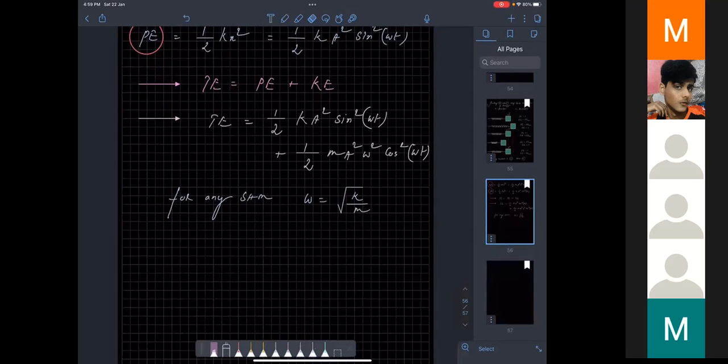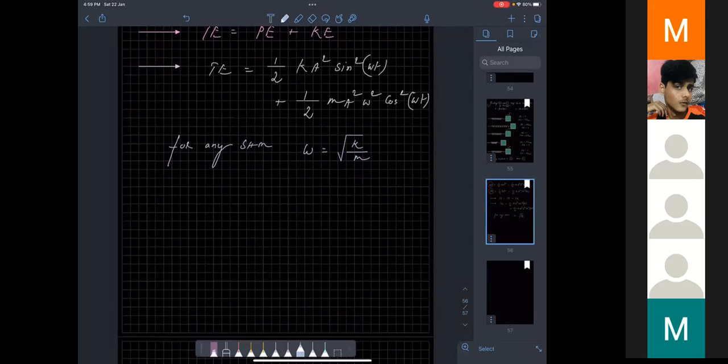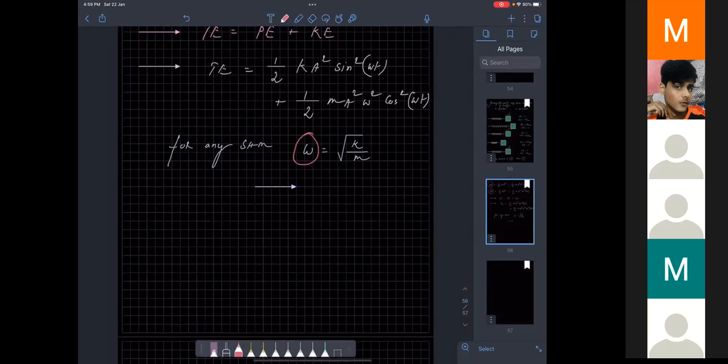Now from here you can find the relationship between k and m. So tell me, what is k equal to? Omega square m.